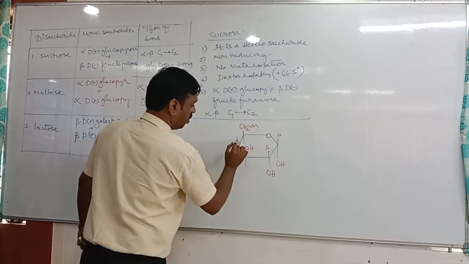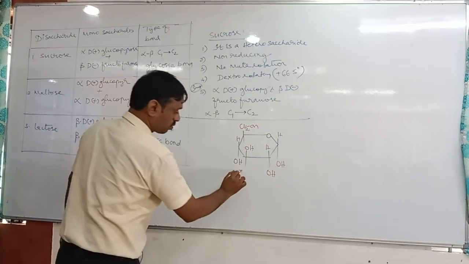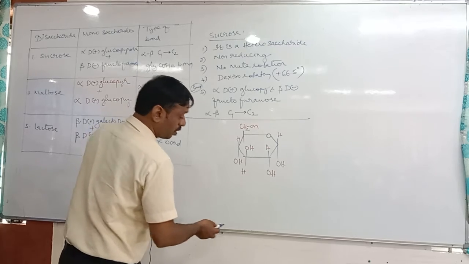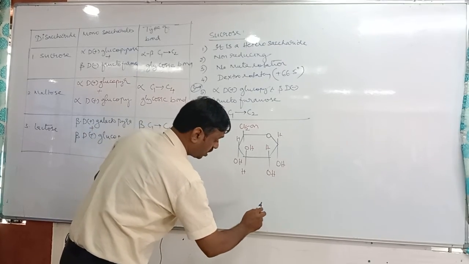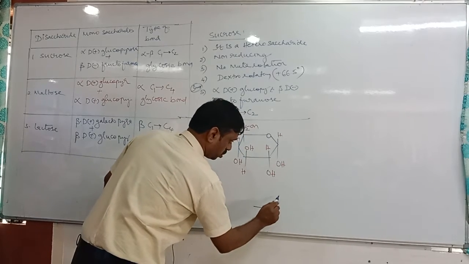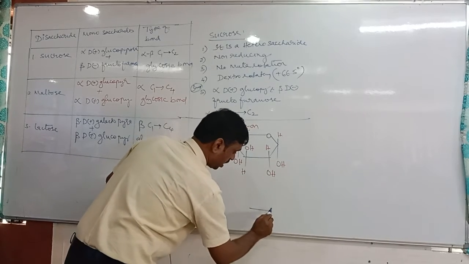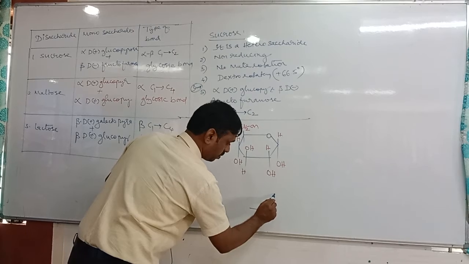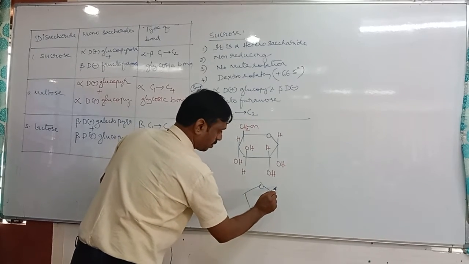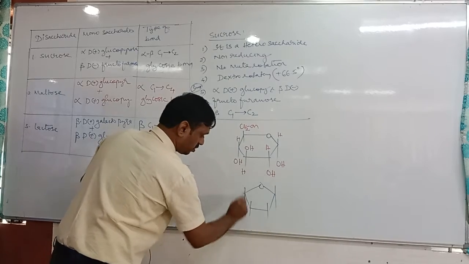This is alpha D plus glucopyranose. Next, one more is beta D minus fructose. Tell me, does fructose have a 5-membered, 4-membered, or 6-membered ring? It is 5-membered. Okay, it is a 5-membered ring like this.